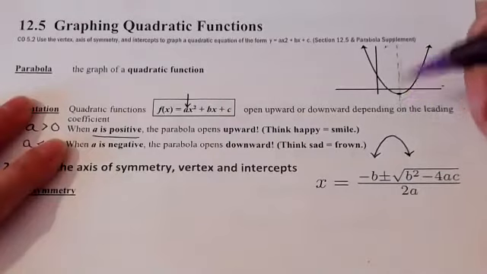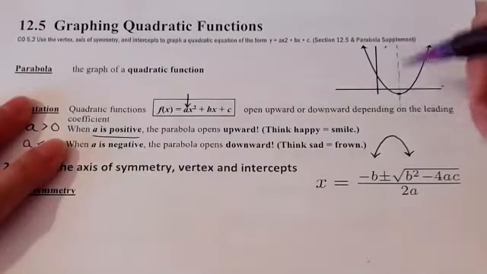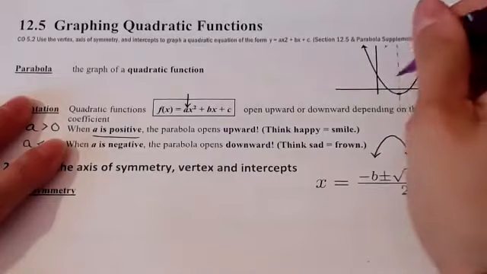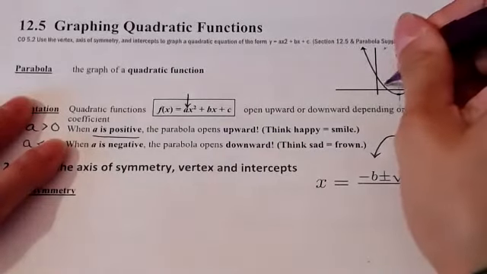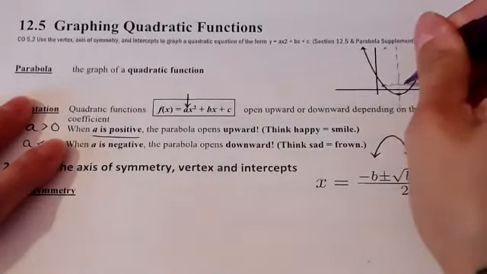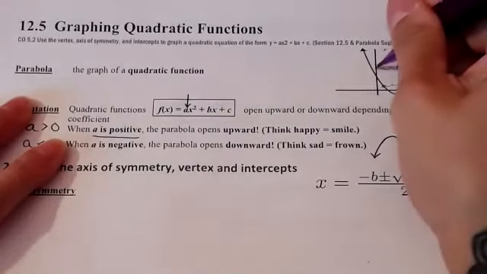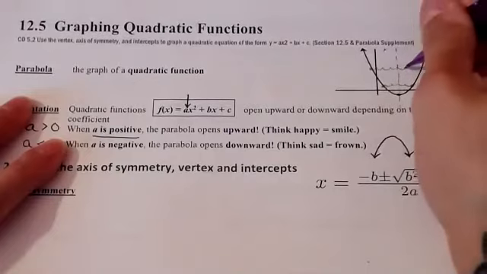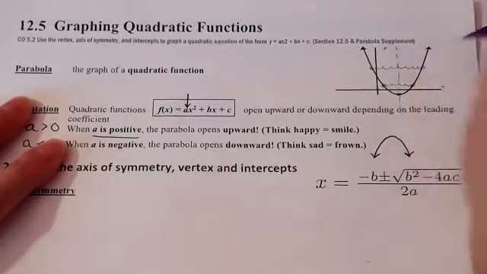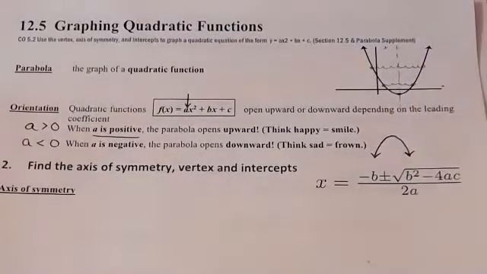That means this line is called the axis of symmetry. So if you are 2 points away on the left, you're going to be 2 points away on the right. If you're 4 points away on the left, you're going to be 4 points away on the right. So the points in a parabola are completely equidistant from the axis of symmetry.